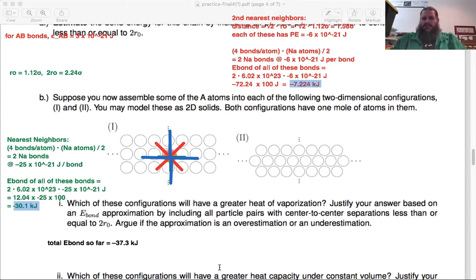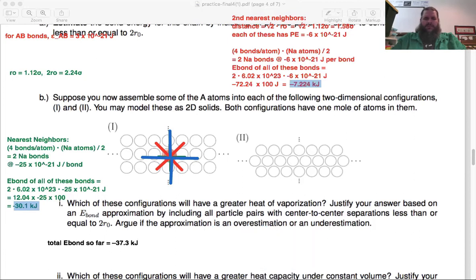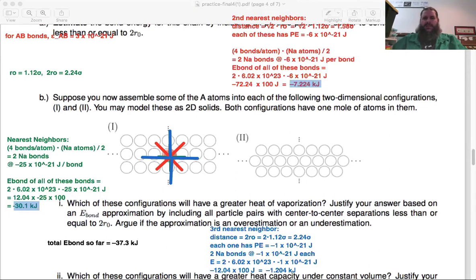And then 2 times 6.02 times -1 would be -12.04. In other words, -1204 joules, or -1.204 kilojoules. So that would be the extra contribution from just those third nearest neighbor bonds.